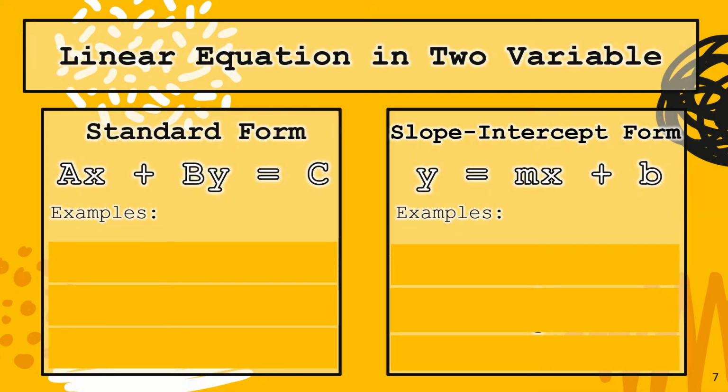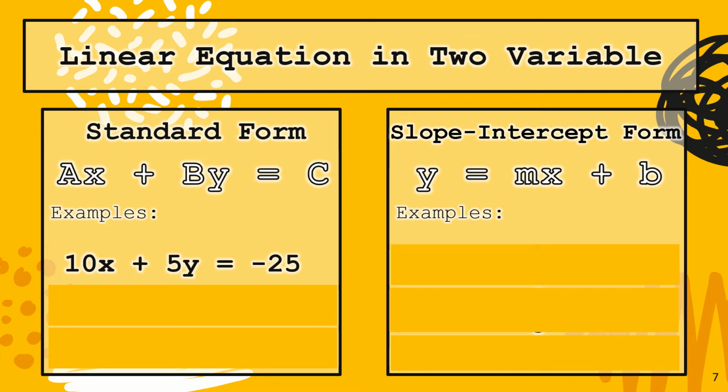We have here the standard form and the slope-intercept form. It is still under linear equation in two variables. The standard form is ax + by = c. Let's have some examples of linear equation in its standard form.